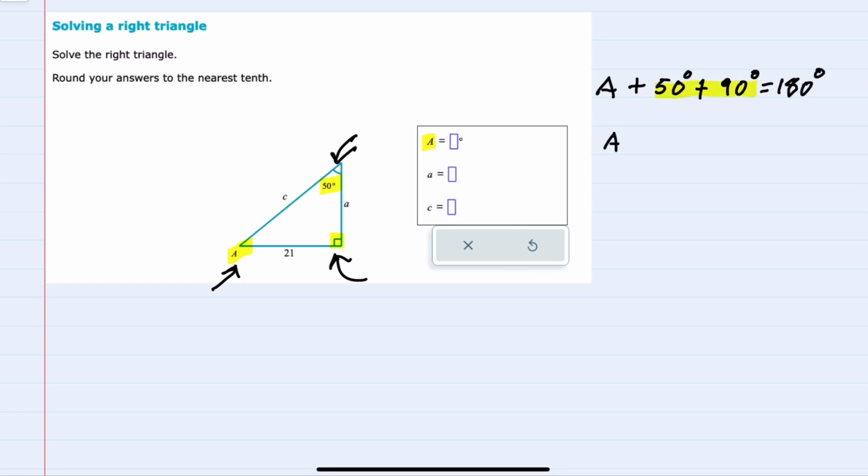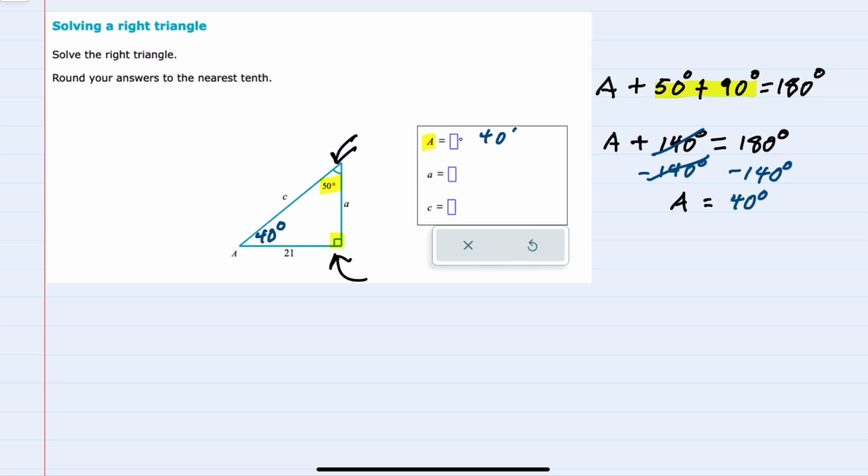These two angles added together is 140, equals 180. And then solving for A, I can subtract that 140 degrees over, giving me the angle A by itself on the left is equal to 180 minus 140, is 40 degrees. So we've identified this angle A as 40 degrees. That was our first question.